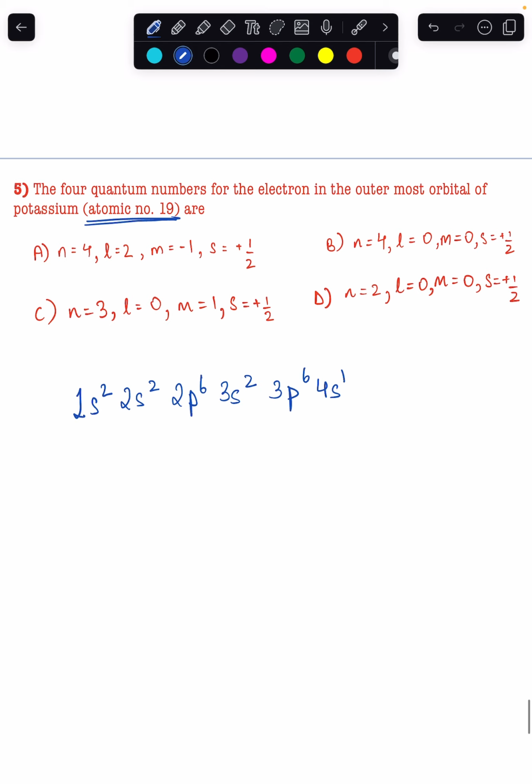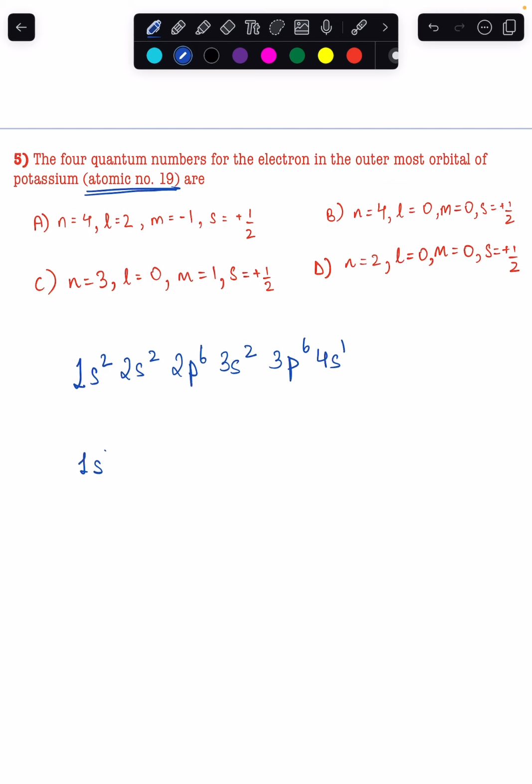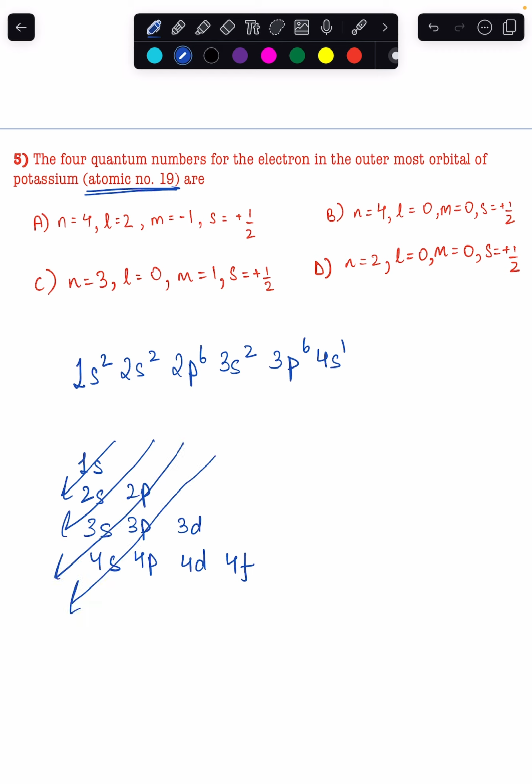We can check from this also, right? 1s, 2s, 3s, 4s, 2p, 3p, 4p, 3d, 4d, 4f. So 1s2, 2s2, 2p6, 3s2, 3p6, 4s1.